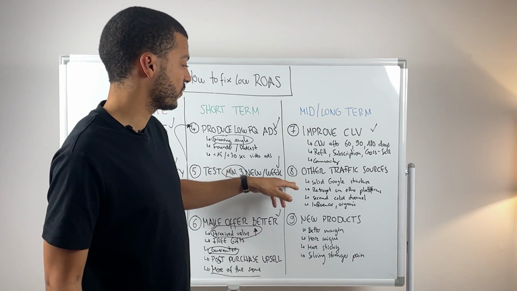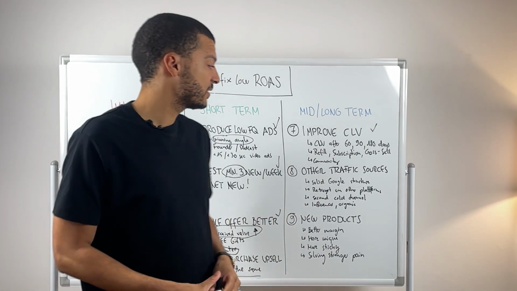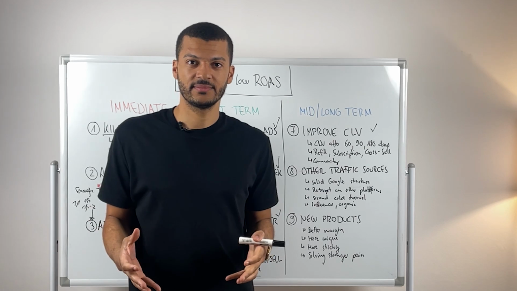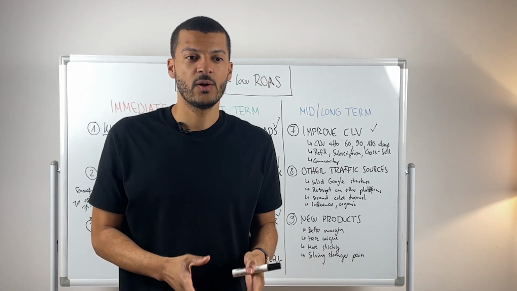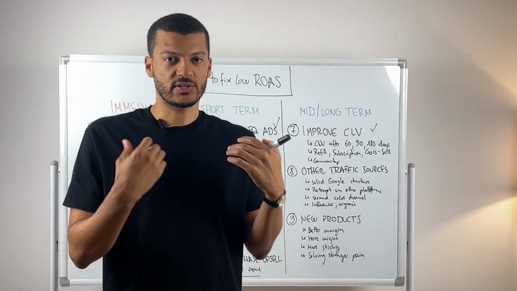What else to do? Well, what else is there to do? Other traffic sources. This is something that I don't recommend in the beginning because every new traffic source or every new channel is like a new construction site, right?